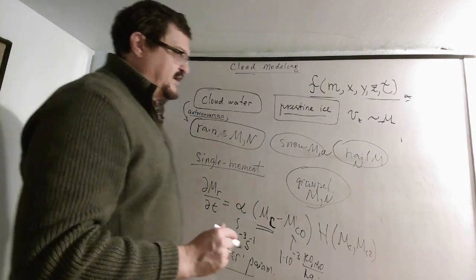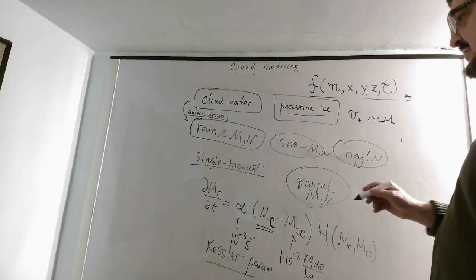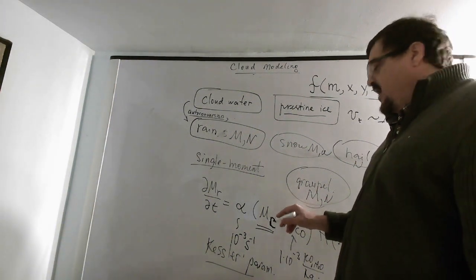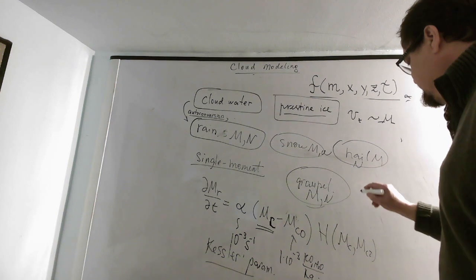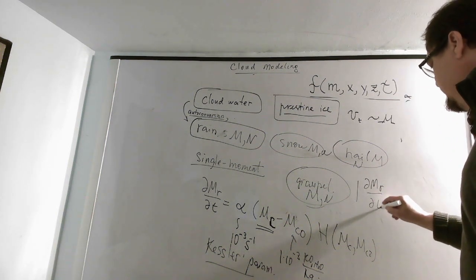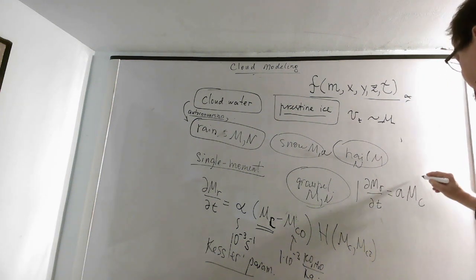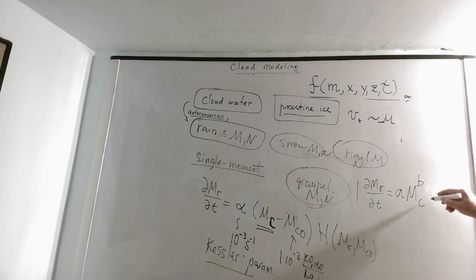So there are other parameterizations that use both mass of cloud and concentration of cloud particles, something like dmr dt equals some coefficient A times mass of cloud to some power B times concentration of cloud droplets to some power C.